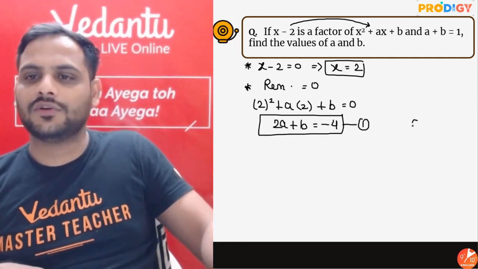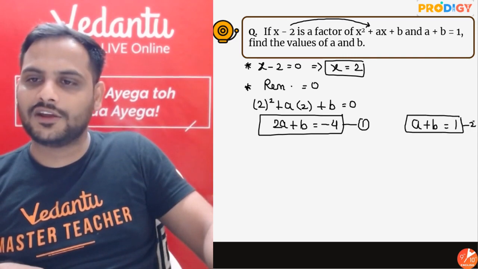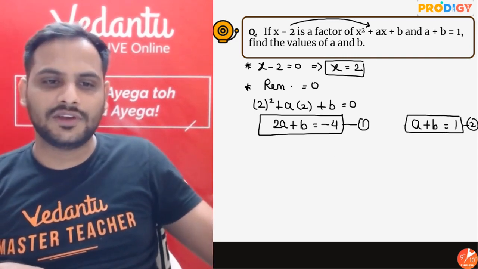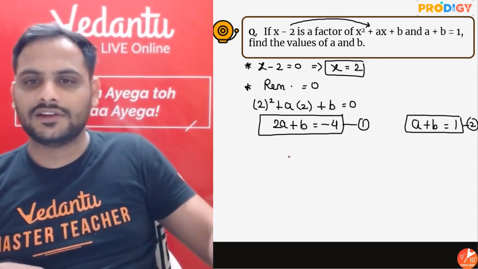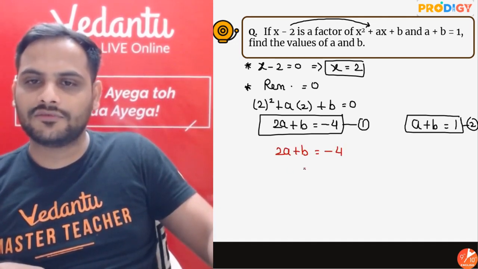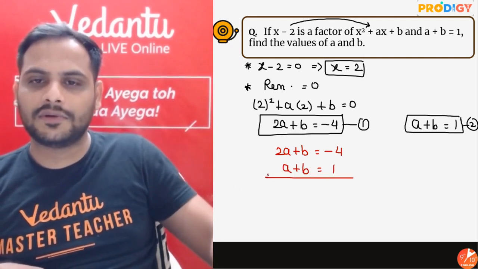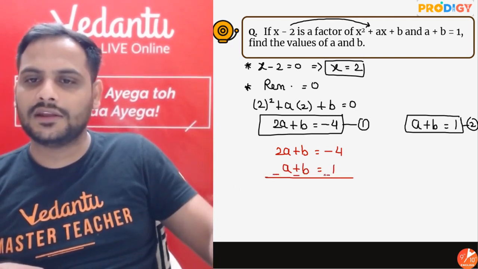One more equation is already given. A plus b is equal to 1. This is my second equation. Linear equation in two variable, guys, nothing else. So we have 2a plus b equal to minus 4, a plus b is equal to 1. Let us subtract, change the sign. Minus, minus, minus. B minus b got cancelled. 2a minus a is a.